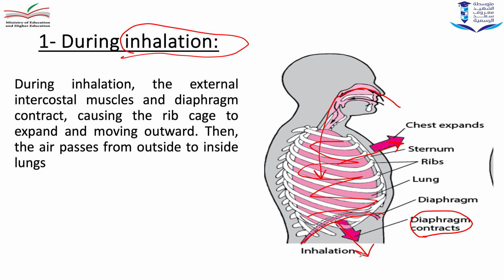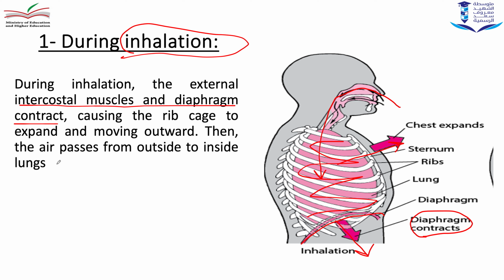So the two important elements for inhalation are the intercostal muscles and the diaphragm. These muscles contract, causing the rib cage or the chest to expand and move outward. The first stage is that the muscles contract outward, the intercostal muscles and the diaphragm.